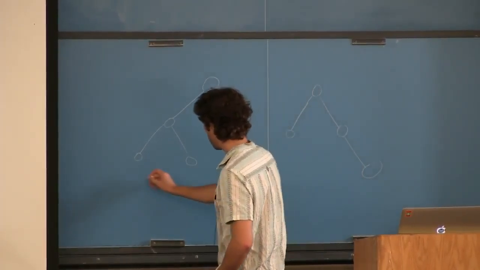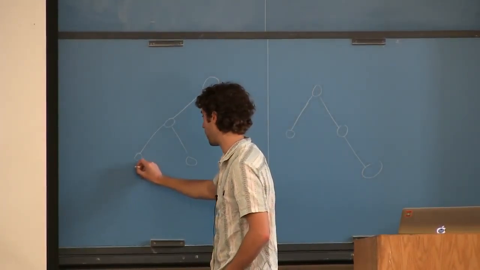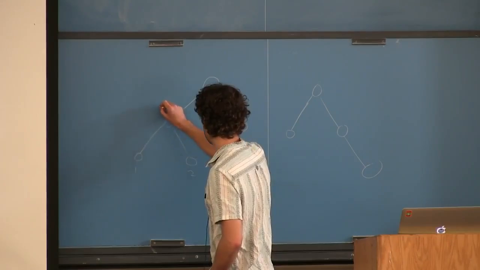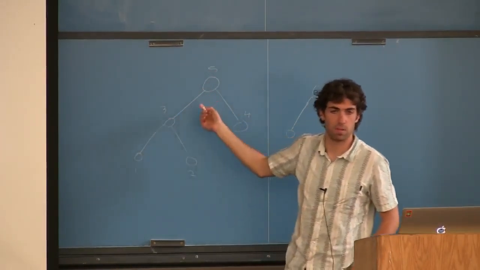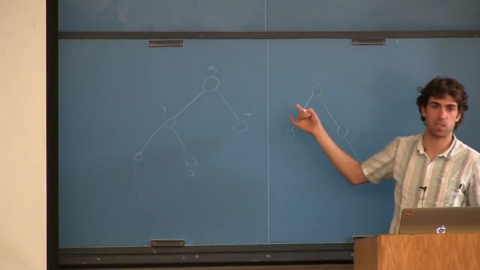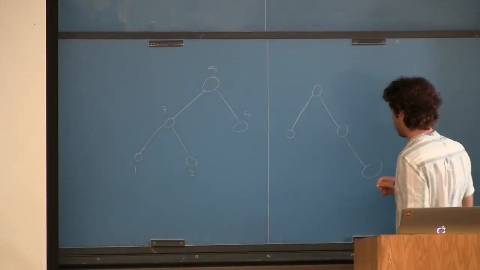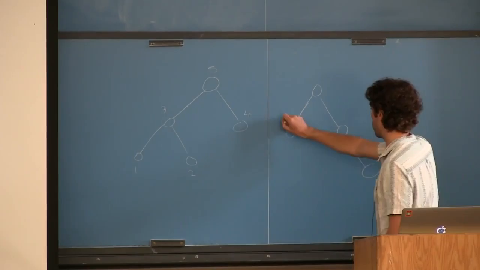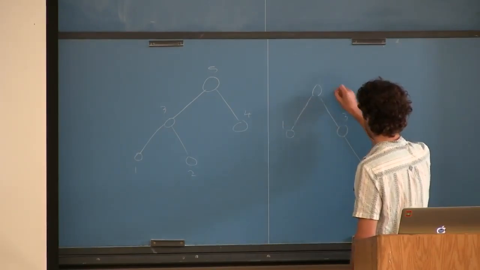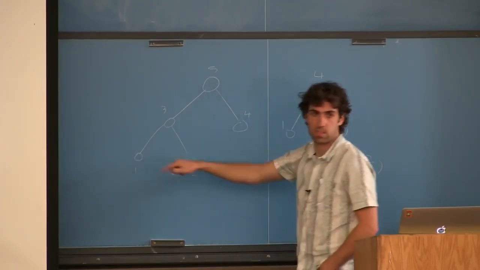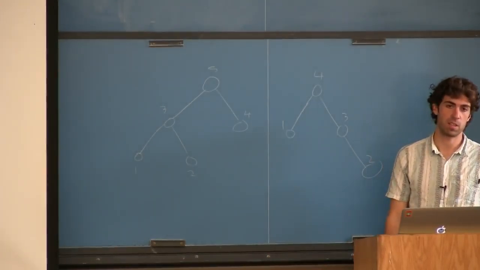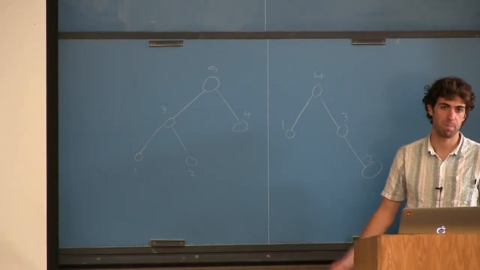If you wanted to evaluate it in a certain order, you could do something like this: 1, 2, 3, 4, 5. You could evaluate this in this order and get the right answer out of your forward propagation. Similar over here, you could do something like 1, 2, 3, 4. So what you can do is evaluate this and this together at the same time, and that's how you would batch that.